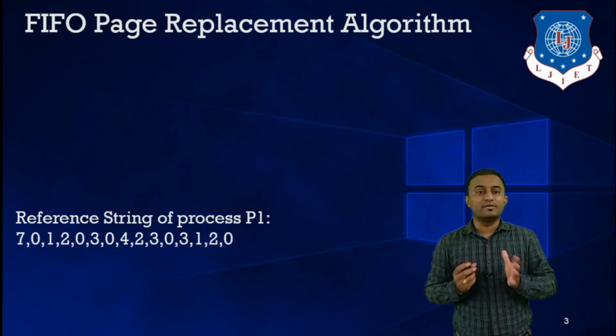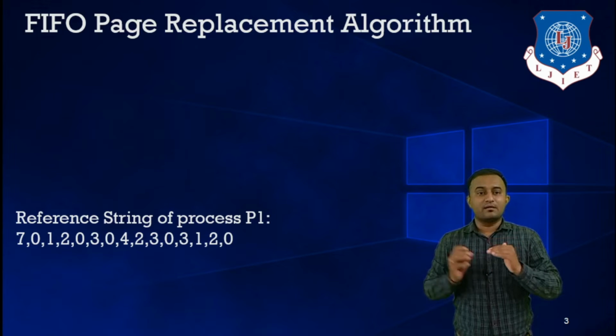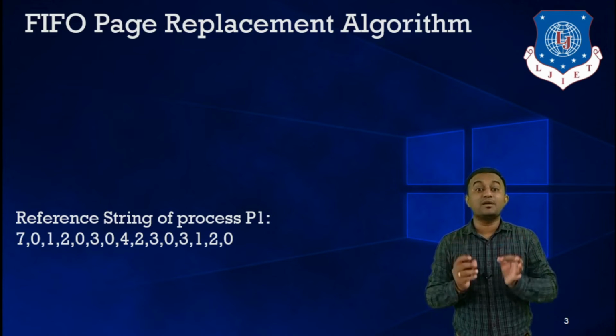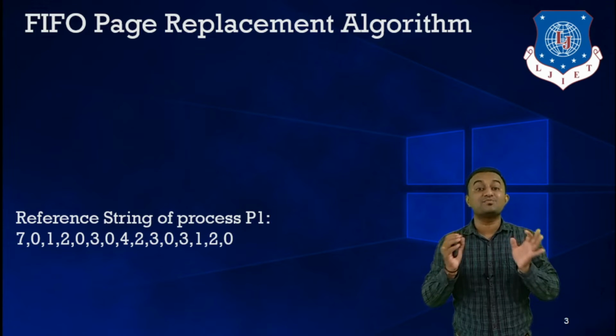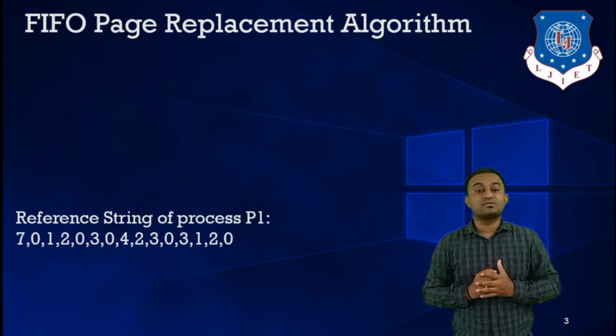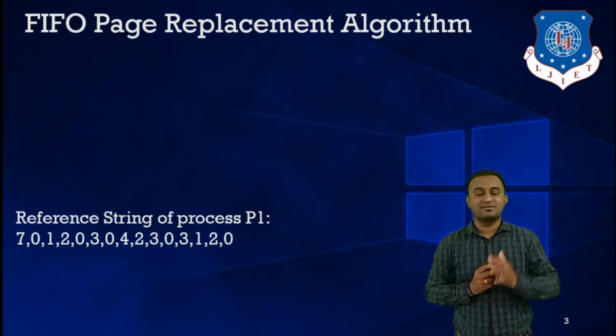I hope it is clear up till now, because this reference string contains the pages of process P1, and this is the sequence in which these pages need to be processed.